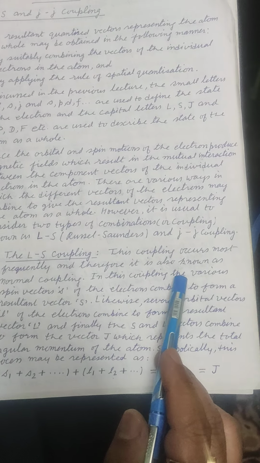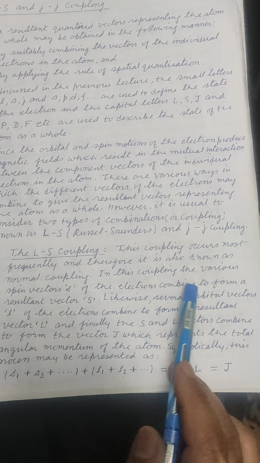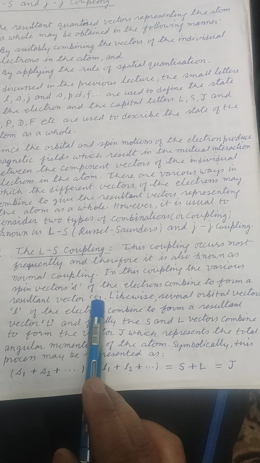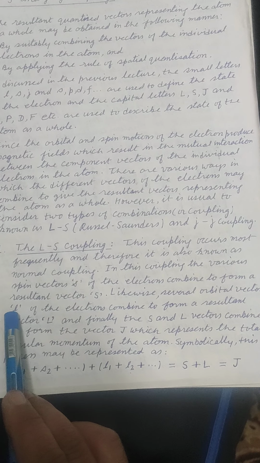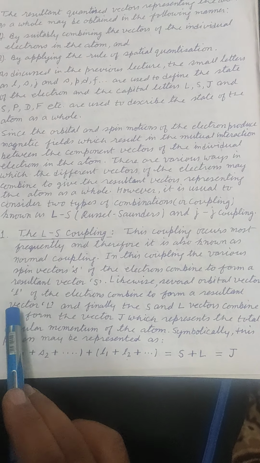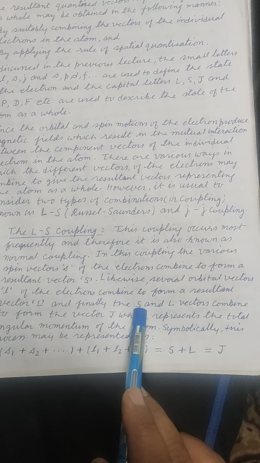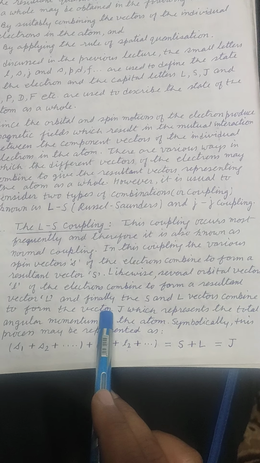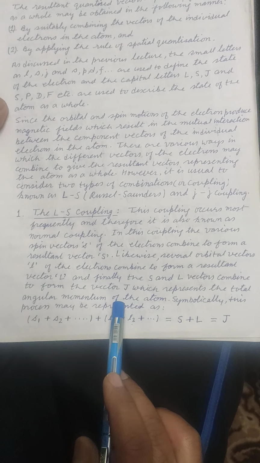In this coupling, the various spin vectors small s of the electrons combine to form a resultant vector capital S. Likewise, several orbital vectors small l of the electrons combine to form a resultant vector capital L. And finally, the capital S and capital L vectors combine to form the vector J, which represents the total angular momentum of the atom.